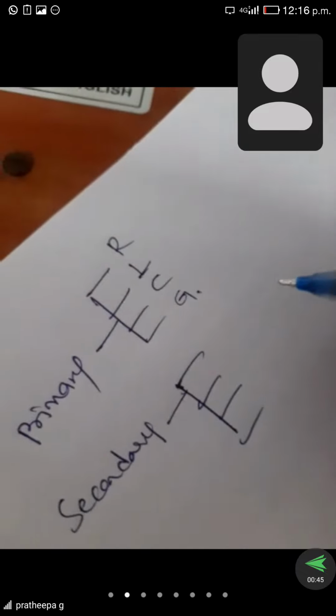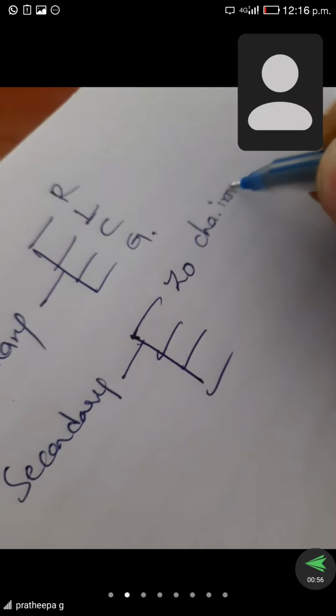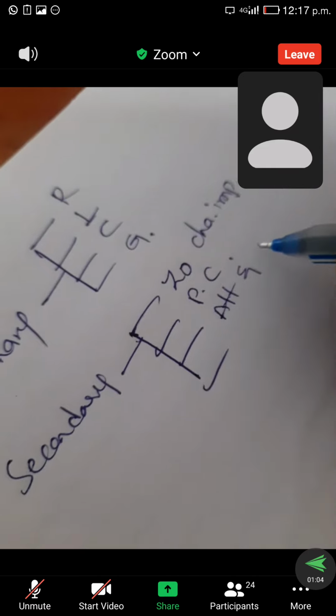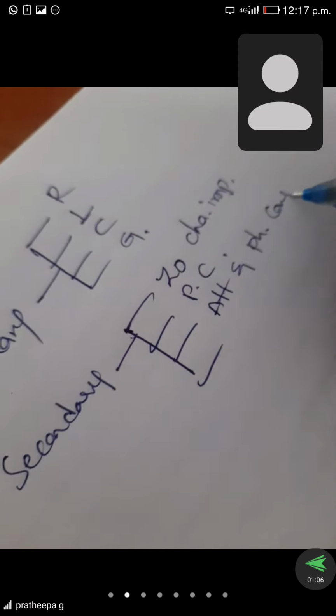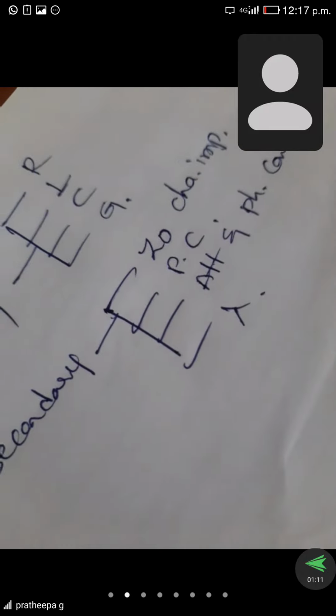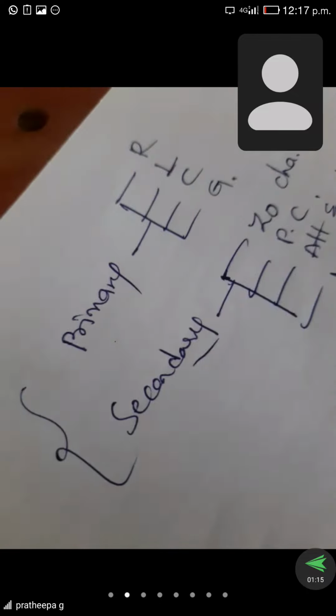And coming to the secondary constants: Z0, characteristic impedance, propagation constant, phase constant, and next wavelength. So these are the primary and secondary constants.